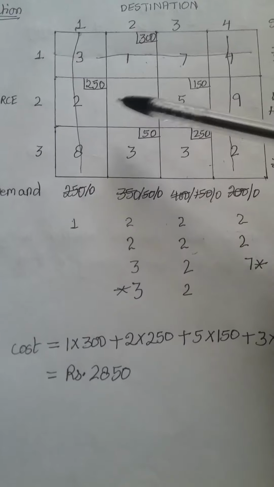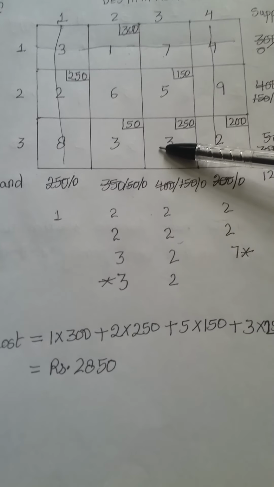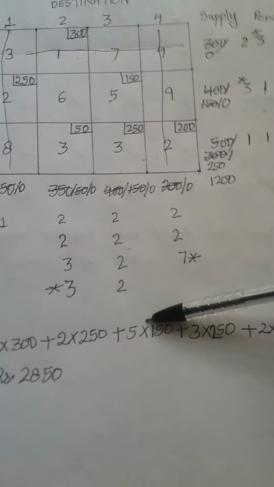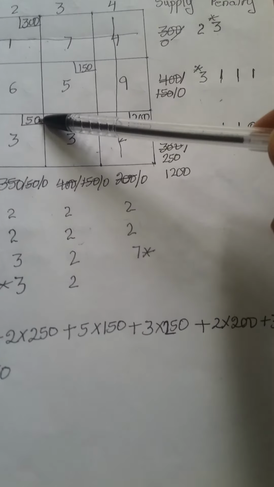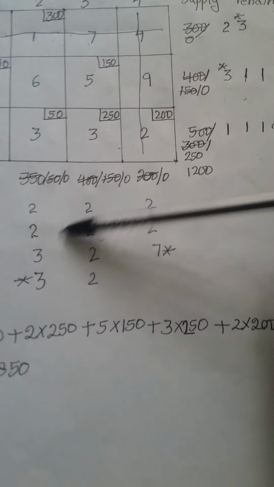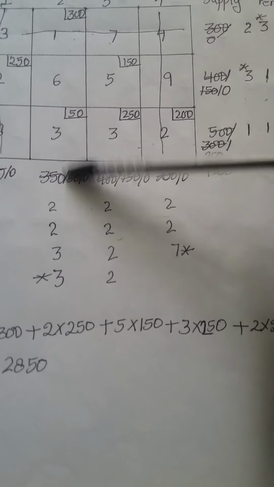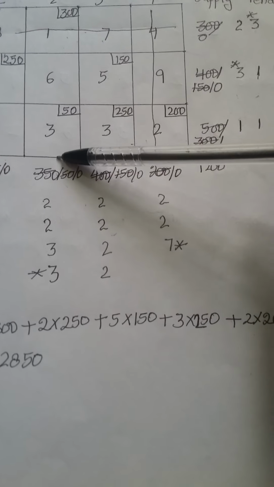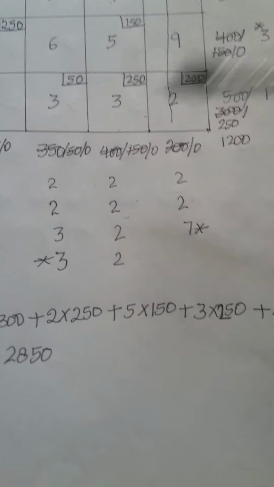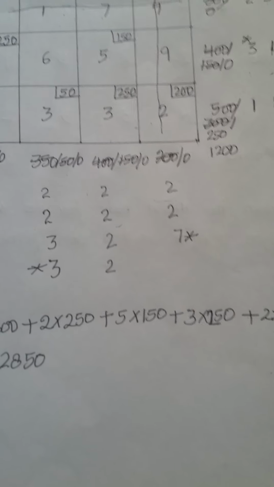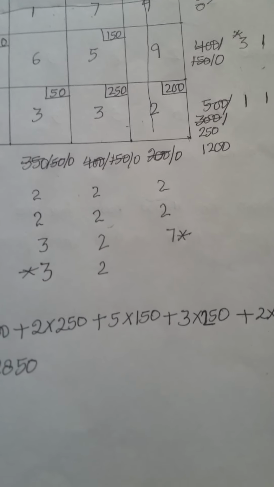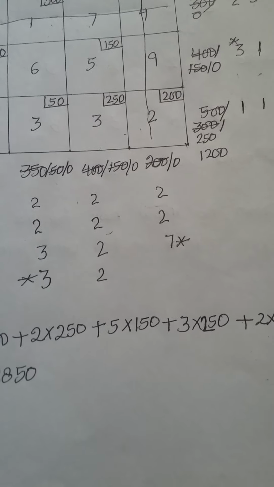Now out of these, again you have to find the penalties. The penalties here are 6 minus 3, 3, and 5 minus 3, 2, and in the rows we get 1, and 3 minus 3, so 0. The maximum value is 3, so you will select this column, and in this column the lowest cost is 3, and here how many units can we allocate? 50 units, because here it is 300, so the minimum is 50.